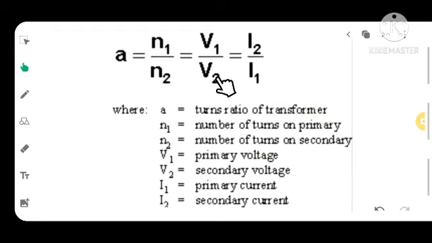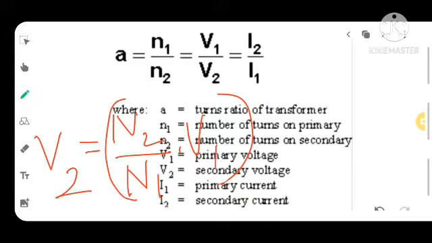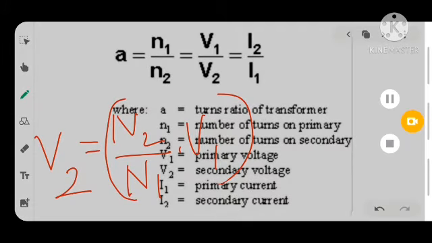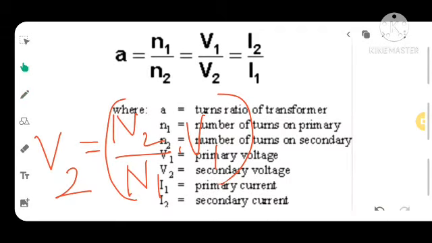So if we write the equation of V2, V2 will be less than V1. And this is the aim of using a step down transformer.